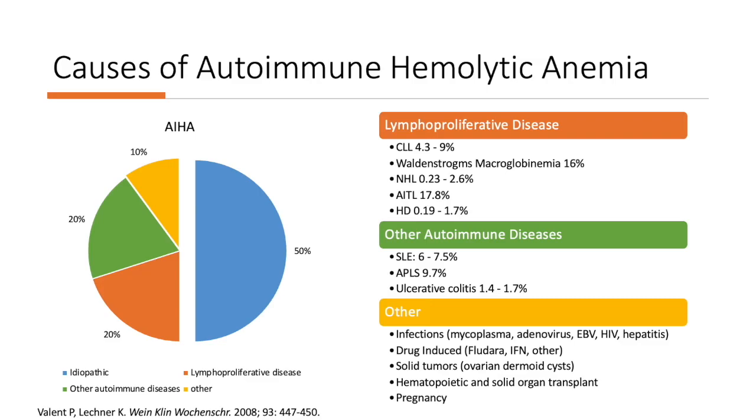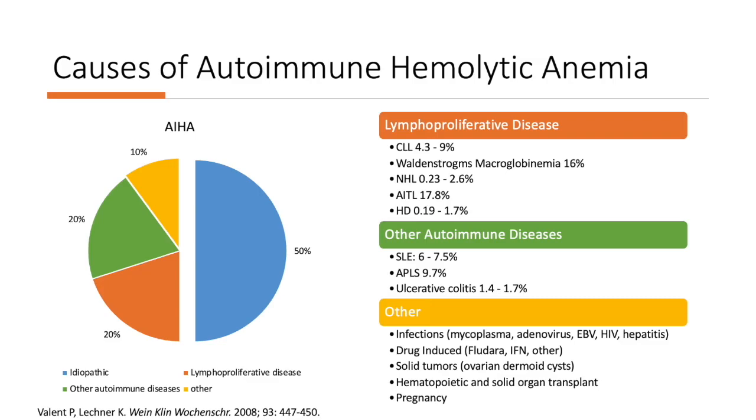Non-Hodgkin's lymphoma is seen in about 2% of cases, but angioimmunoblastic T-cell lymphoma is actually a common subtype among the non-Hodgkin's lymphomas that is associated with hemolytic anemia. Autoimmune hemolytic anemia is seen in the context of Hodgkin's disease in about 1 to 2% of cases.